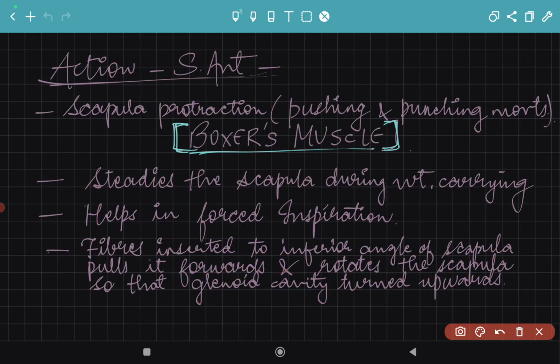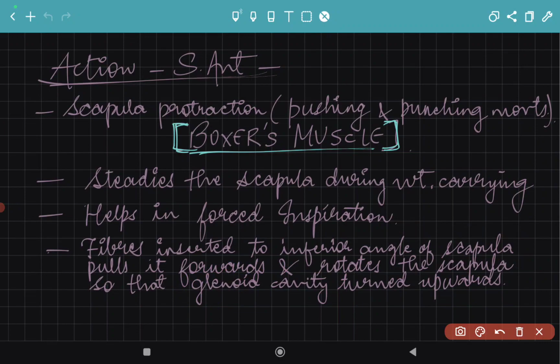During movements such as abduction and flexion, the glenoid cavity needs to be aligned in a specific manner, so the scapula will be steadied by this muscle, and the glenoid cavity will be turned upwards mainly by the lower 4-5 digitations inserting on the inferior angle of the scapula. This part will be pulled forwards by those fibers, and the scapula will be rotated such that the glenoid cavity is turned upwards.